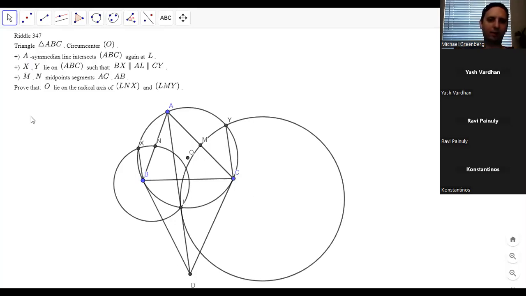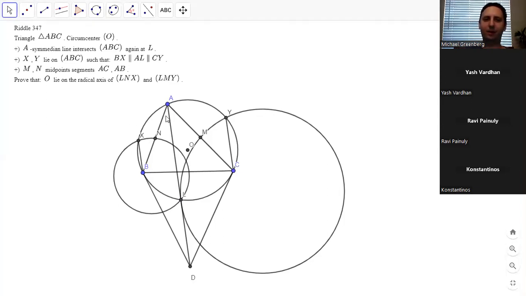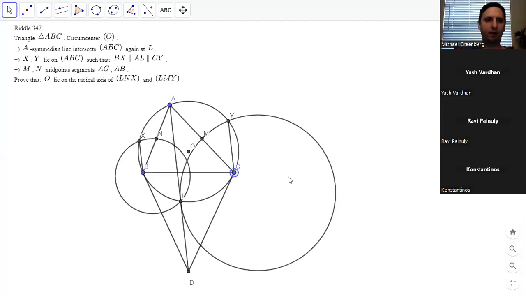But let's try something. I'm going to take the whole diagram and reflect it across the perpendicular bisector of AL. I've done this in my video of IMO 2019 number 6, and I also had another video with the same idea. So I wonder if it works for this problem.